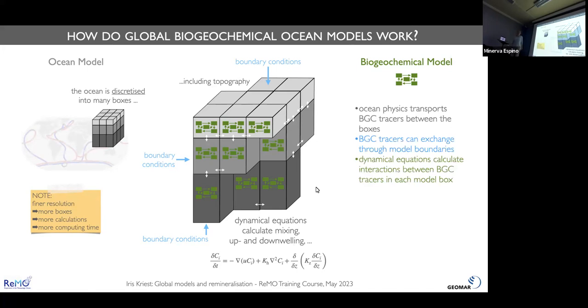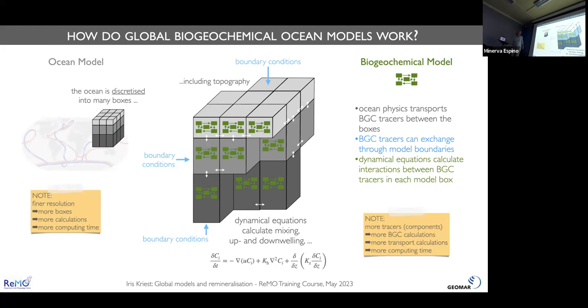So this is essentially how these global models work. Ocean physics transports the biogeochemical tracers around. There's also some exchange at the boundaries. Think of the gas exchange, oxygen or carbon dioxide, and dynamical equations calculate the interactions between those individual tracers in each box.